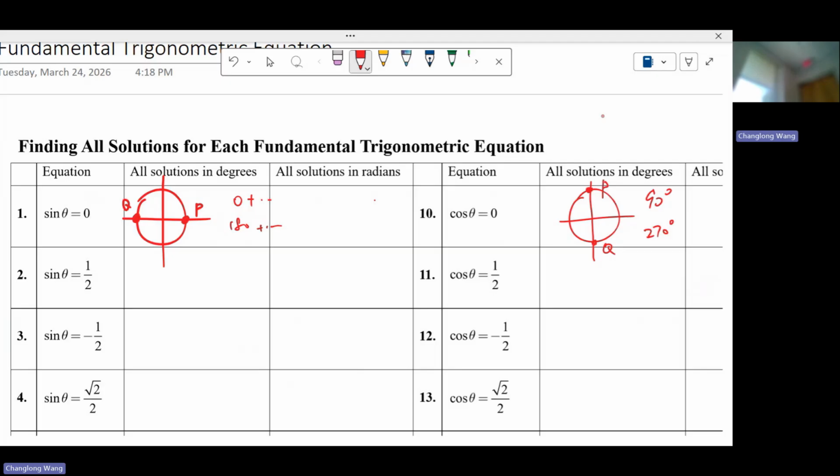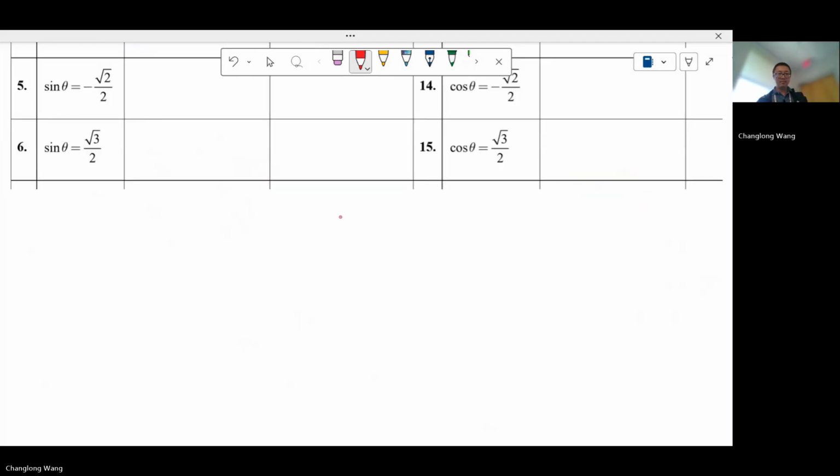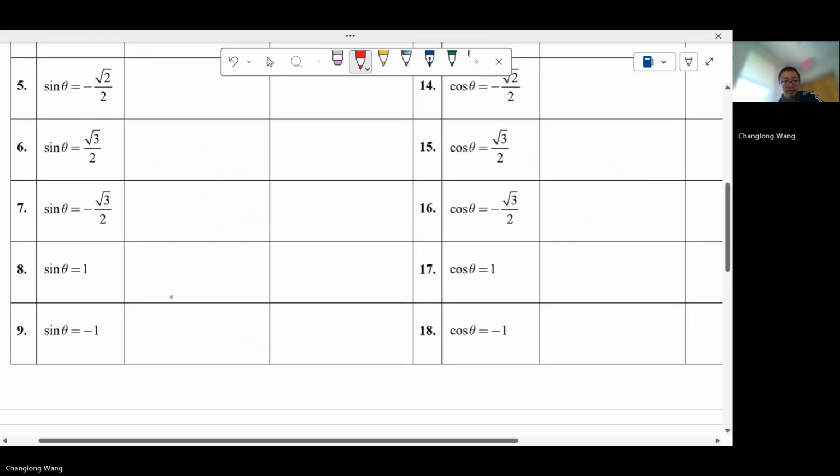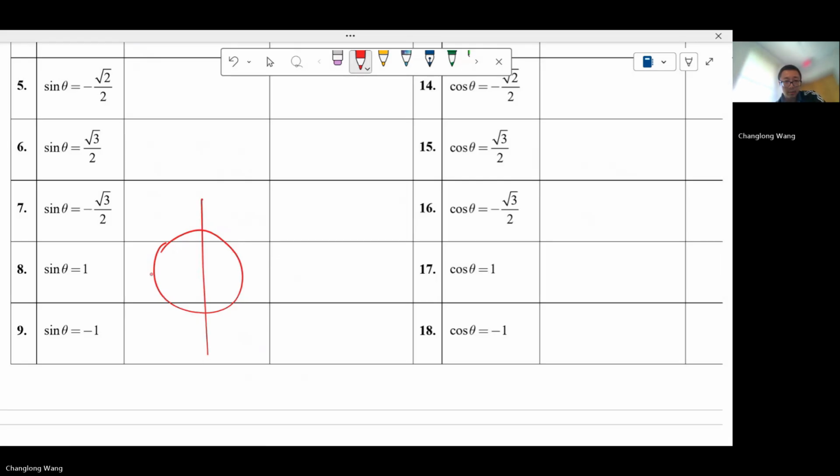So in general, any point on the unit circle can have cosine theta as the x, sine theta as the y.